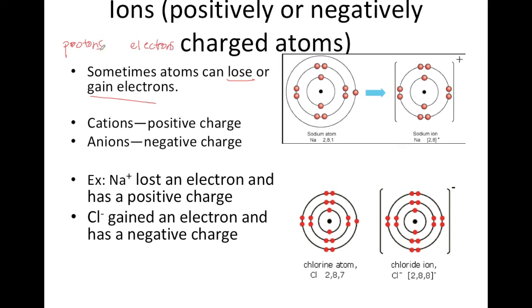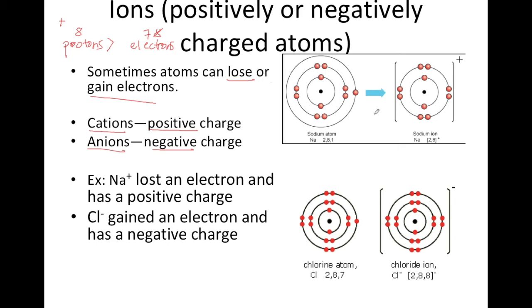So if you had, say, 8 here and 8 here, and then you lose one, and you have 7, your atom is now going to be a little bit more positive. These are formal, full-blown positive or negative charges. We call anything with a positive charge a cation, anything with a negative charge an anion. I will never test you on that, but it's just good to have an idea of those terms.